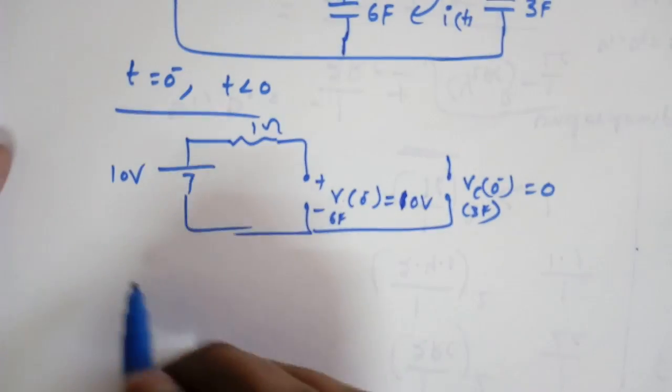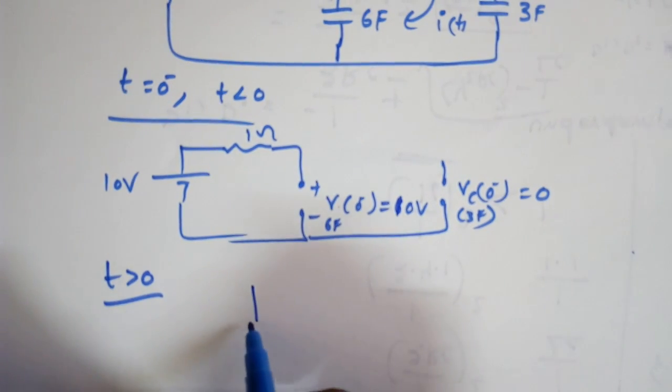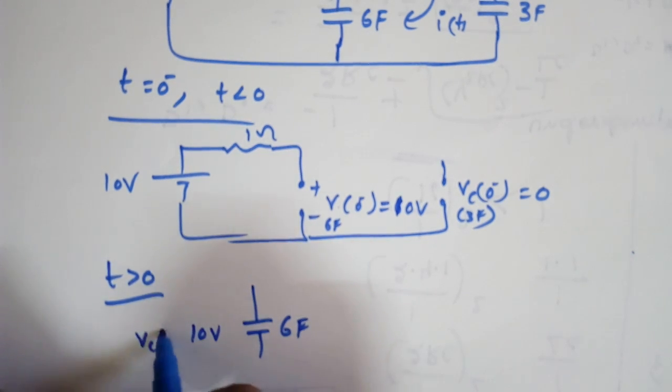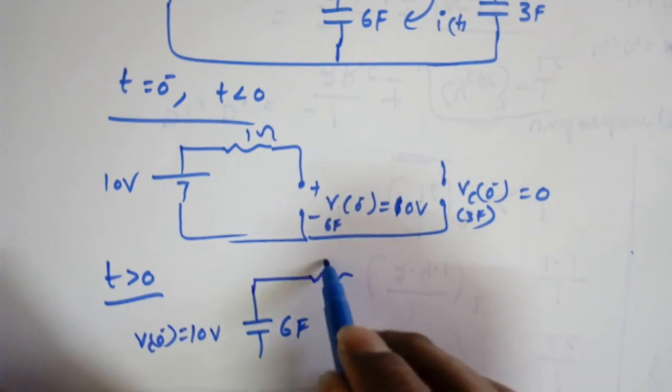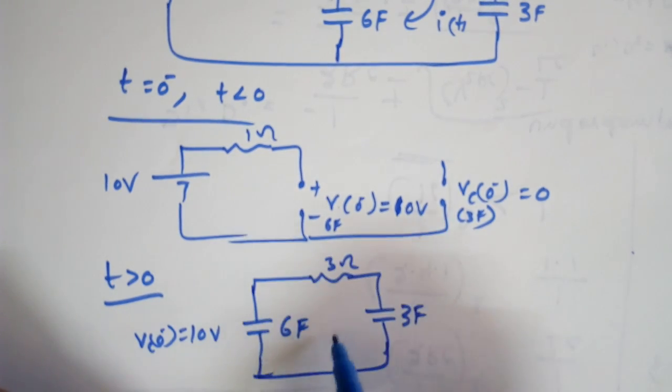Now for t greater than 0, the circuit will become like this: 6 farad with initial voltage of 10 volt, that is Vc of 0 minus, and here 3 ohms, and 3 farad with initial voltage of 0. So this is i of t.